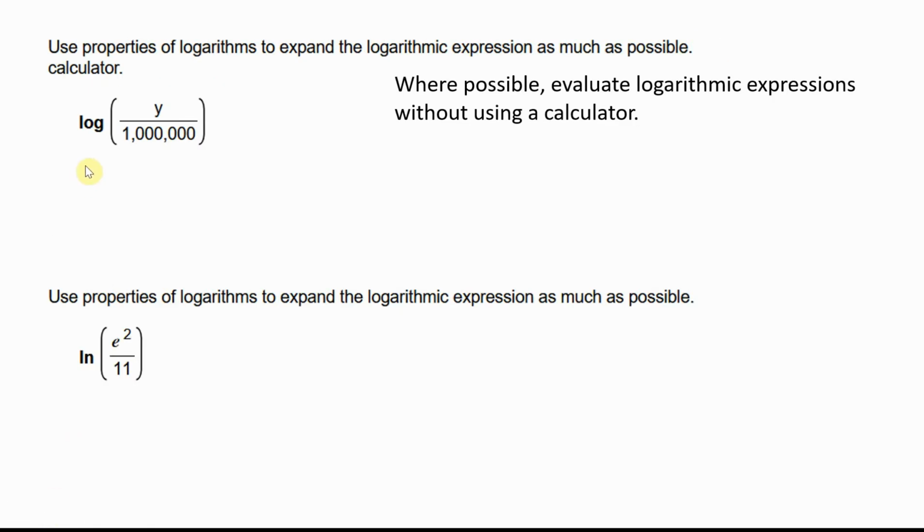For this next one, this is that quotient, and the quotient becomes subtraction. This is log, and if there's no base, it's understood to be the common base of 10. So this is log of y minus log of 1 million.